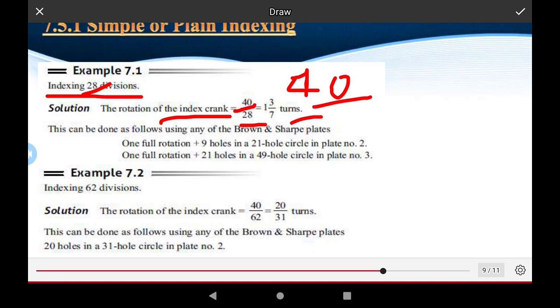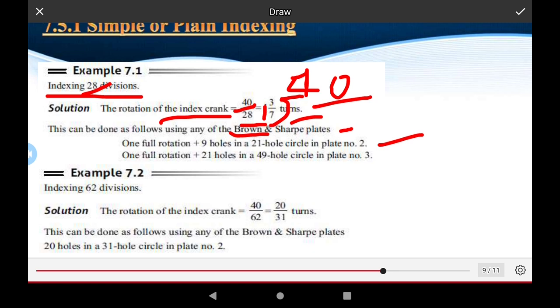This can be done as follows using any of the round index plates, okay. One full rotation, and then 3 by 7, multiplied by 3, gives 9 holes in a 21-hole circle in plate number 2, okay.